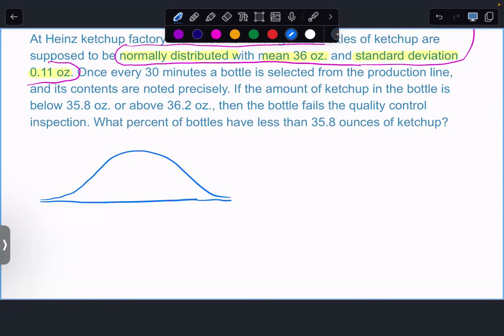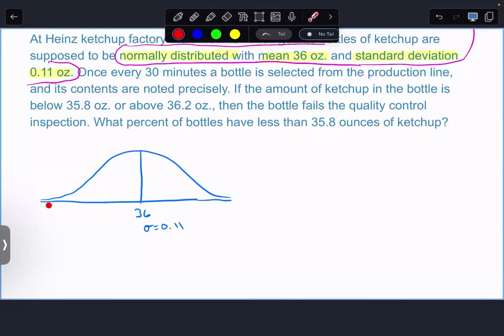And so I've got, okay, first thing, normally distributed, I've got the shape centered on 36. And the standard deviation is 0.11, which I just jot down underneath. I don't spend very much time drawing out, so going minus 0.11, minus 0.11, minus 0.11.